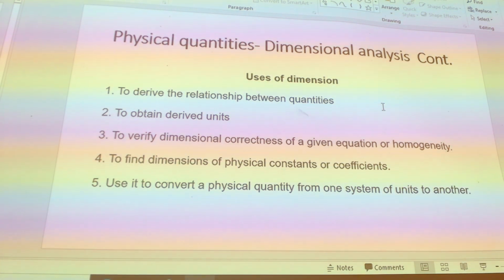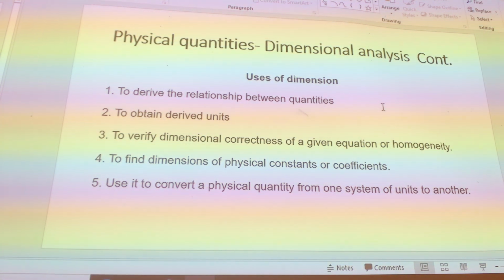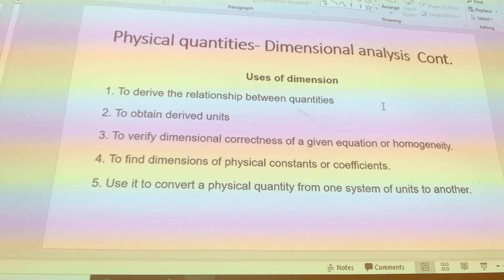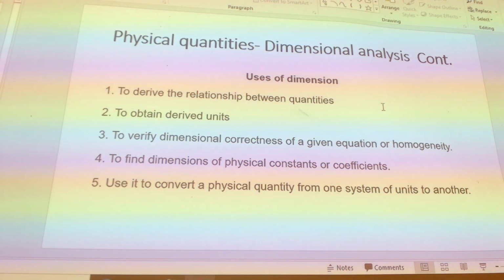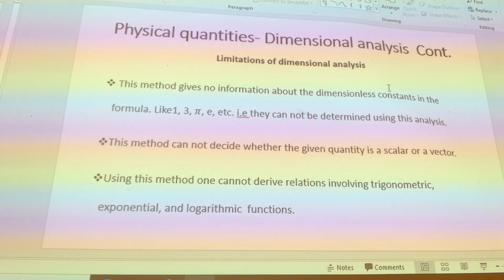Another use of dimension is that it helps us to find a physical constant or the coefficient of certain variables. And the next point is that we use dimension to convert a physical quantity from one system of units to another. So these are some of the uses of dimensions.